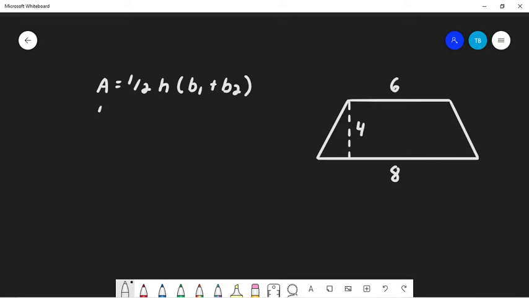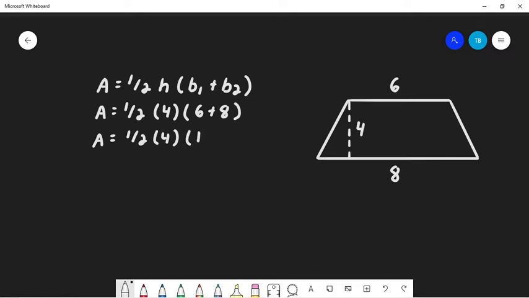All right, so the area is 1/2 the height, and the height here is 4, times the sum of the bases, which is 6 plus 8. Okay? Then the area is 1/2 of 4 times 6 plus 8 is 14.